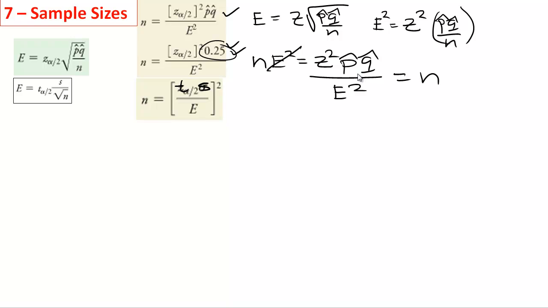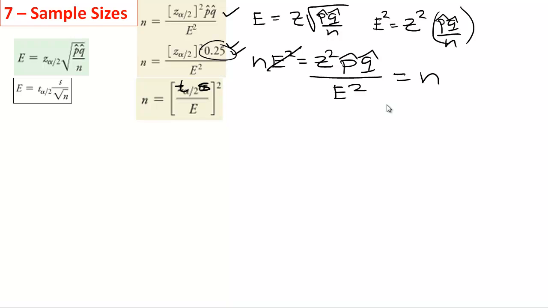Even if you run the numbers and n comes out to be, let's say, 100.001, well, that means in order to keep your margin of error at the 1% that you set, you would have to sample 100.001 people. And if you sample anything less than that, your margin of error will actually be bigger than 1%.